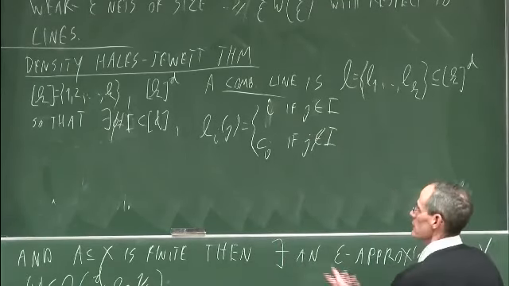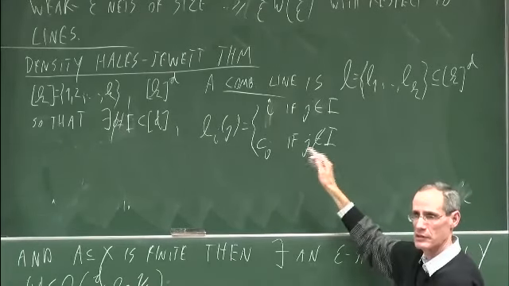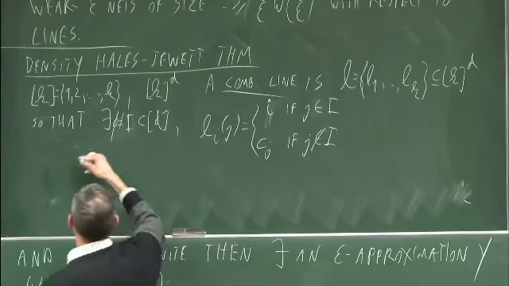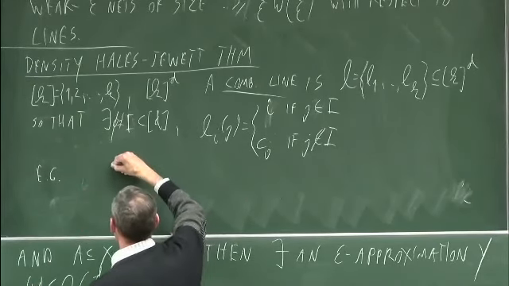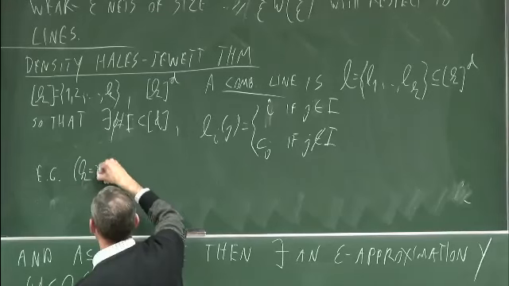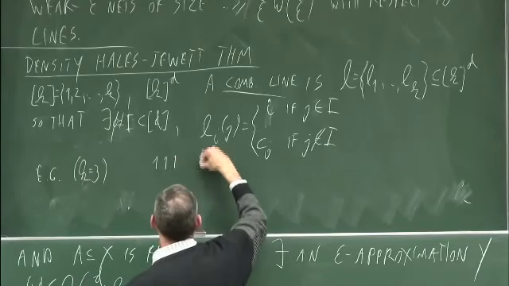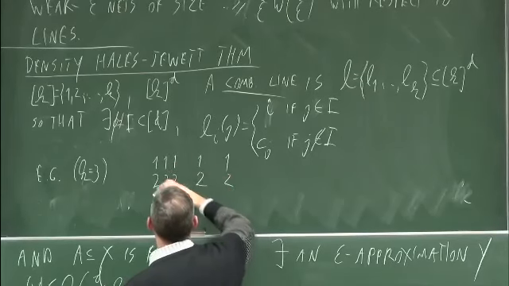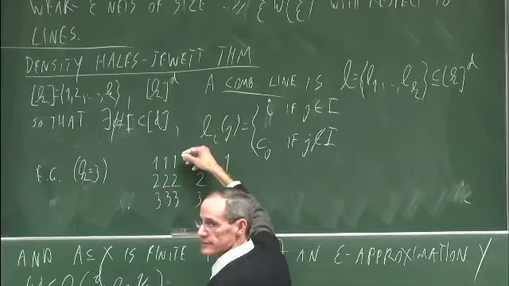So probably those that have seen it before see that this is correct, and those that haven't, it makes no sense. So it means that there are some coordinates that start at 1 and then go to 2 and then go to 3, and all the other coordinates stay fixed.